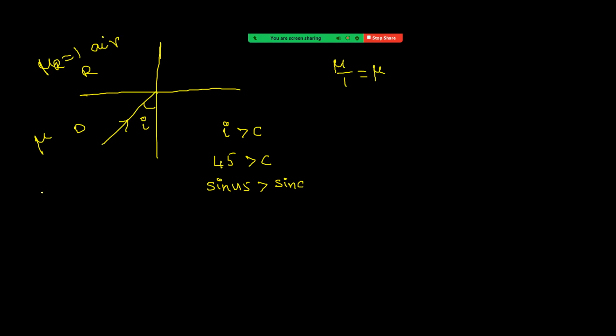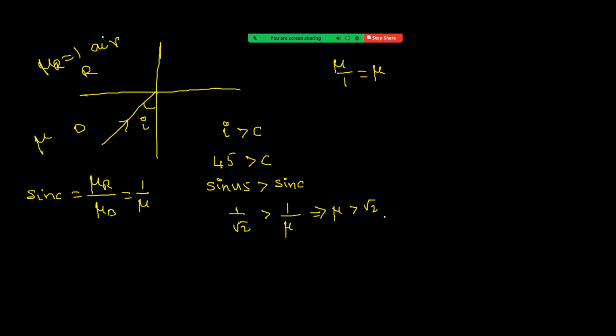And we got sin C value: mu rarer by mu denser. Now in this case, it is air, so 1. And this is now mu, which we have to calculate. That means 1 by root 2 should be greater than 1 by mu. See from this what we can write, mu greater than root 2, means any value that is greater than root 2 is possible. Okay.